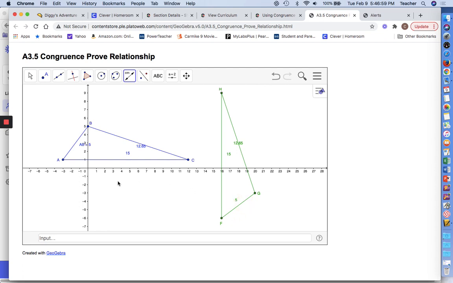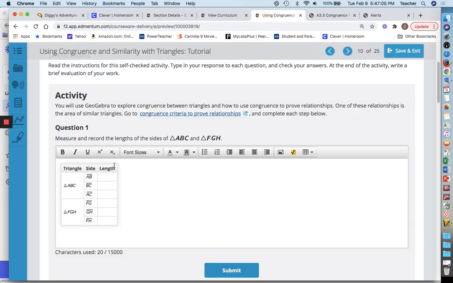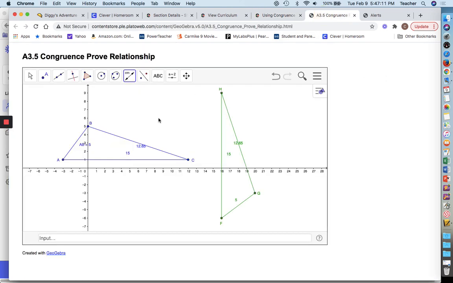All right, so it looks like AB is 5, GF is 5. BC is 12.65, so is HG. They're both 12.65.